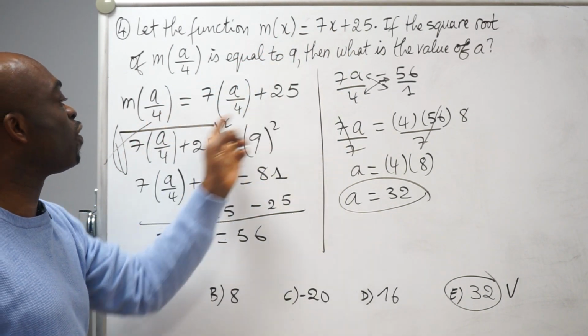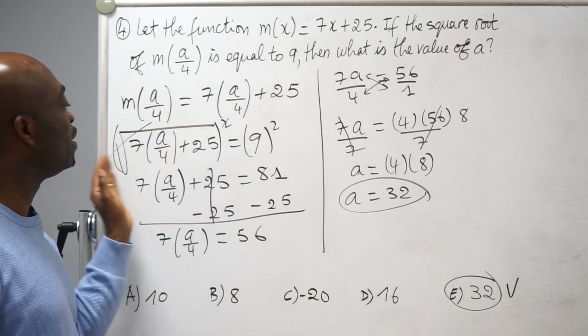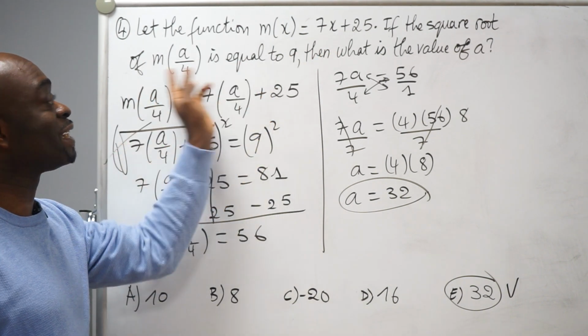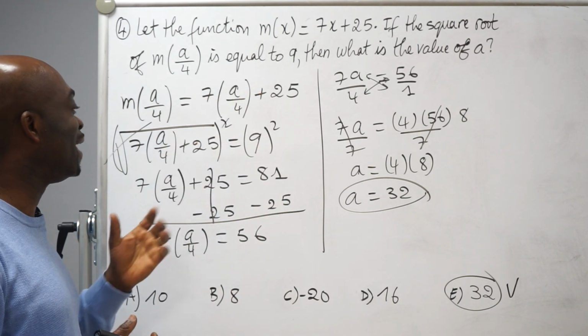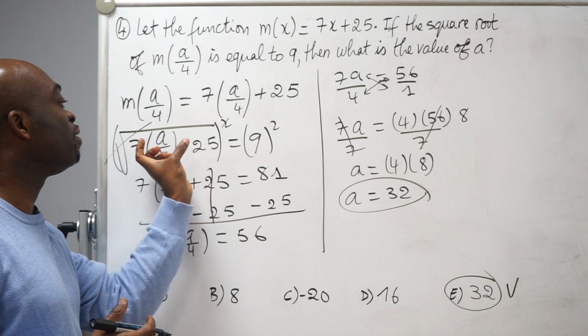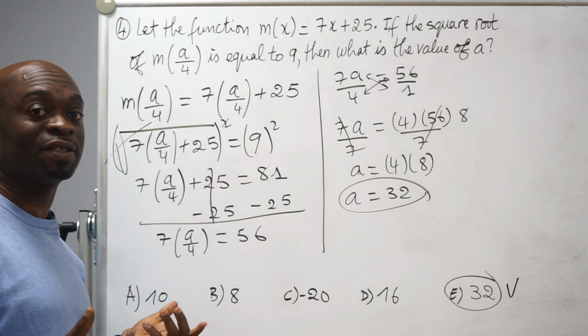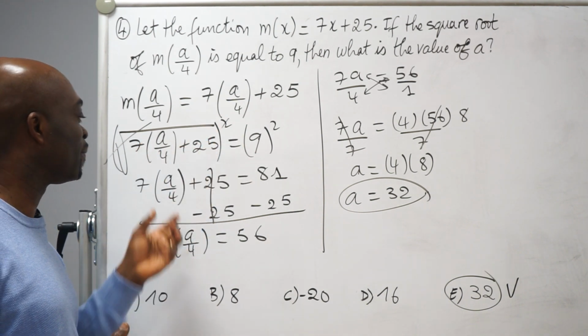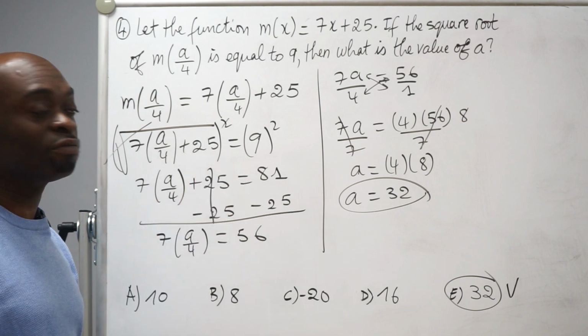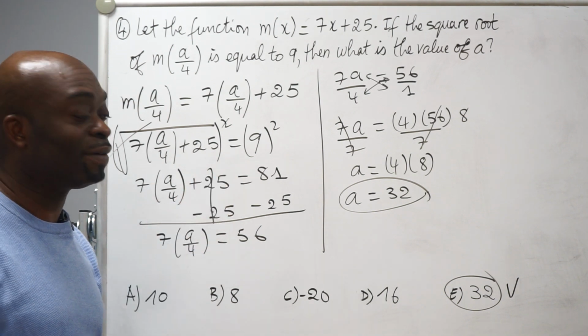So that's what we get first, and then we take the square root of it, which we know is equal to 9. That's what the problem says. Then to remove the square root, we take the square of both sides of the equation. Once we do that, the radical is gone, we solve for it, and then we solve for a afterwards. All right.